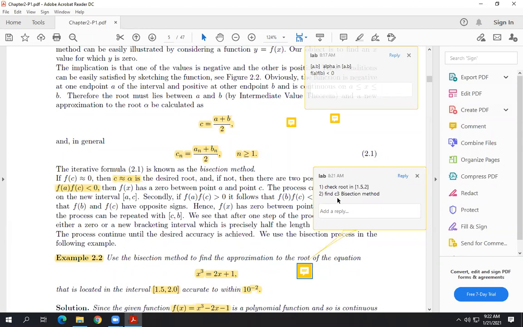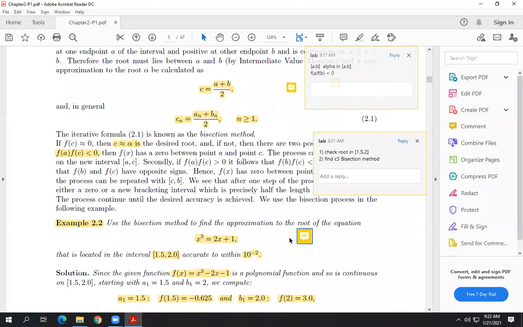So what is your first job? Always find f of x. Take all the terms to one side, making one side equal to 0. So take 2x plus 1 to the other side, and it becomes this. Then check: first, the function must be continuous. Yes, it is continuous because this is a polynomial function, and polynomial functions are always continuous.